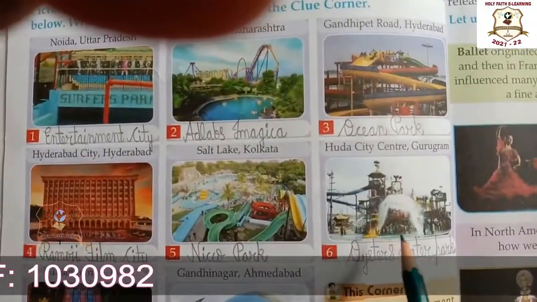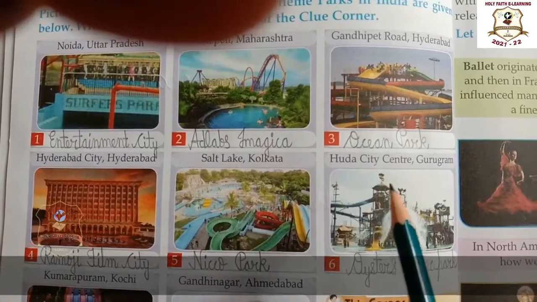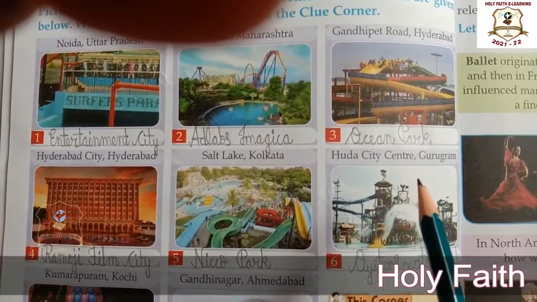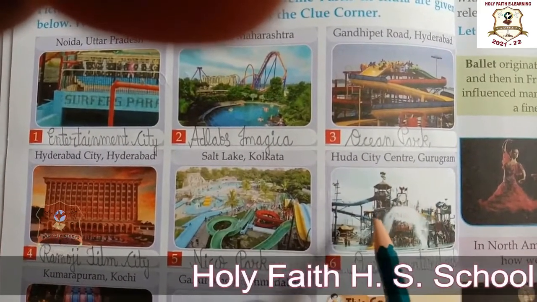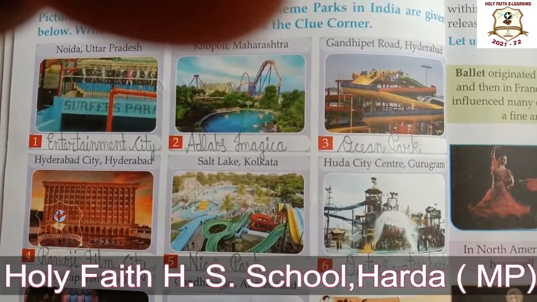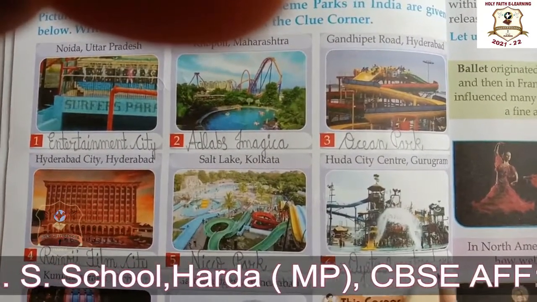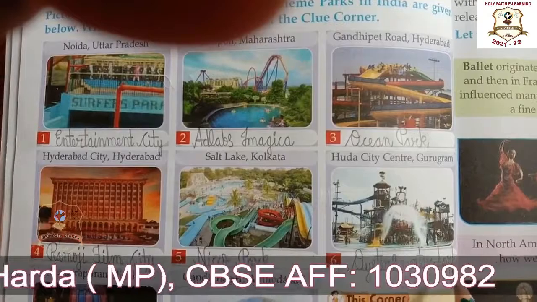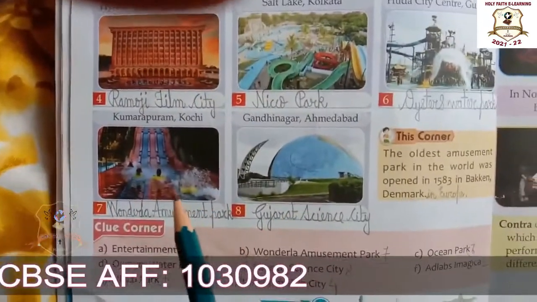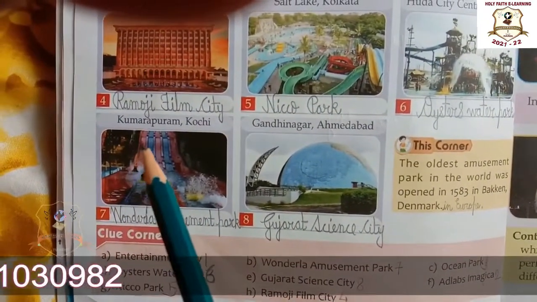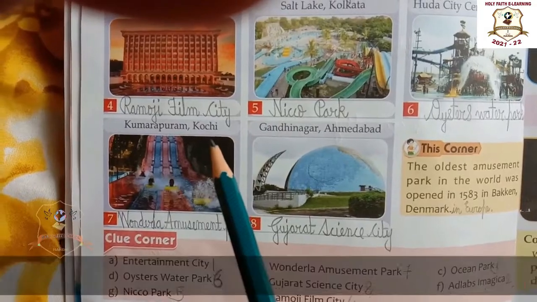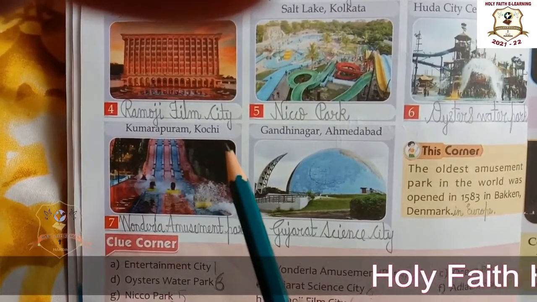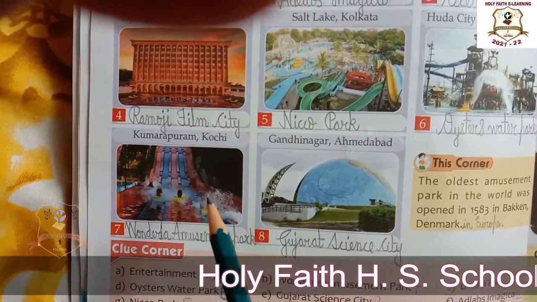Next is HUDA City Centre, Gurugram. What is the name of this amusement park? It is Oyster Water Park. Next is Kumarapuram, Kochi. What is the name of this amusement park?